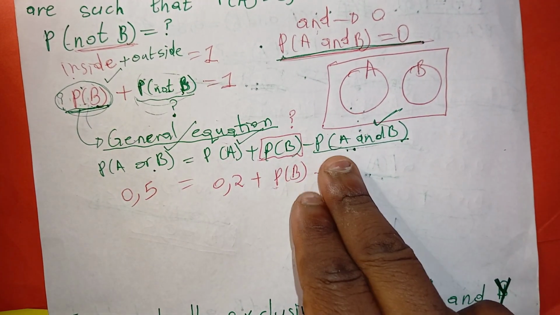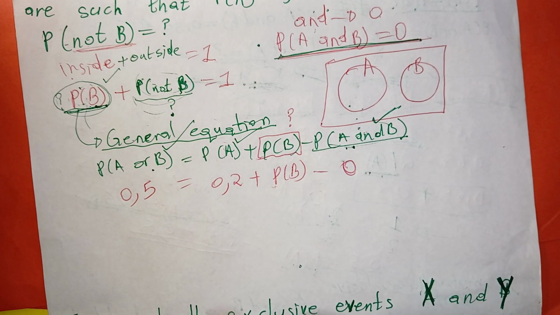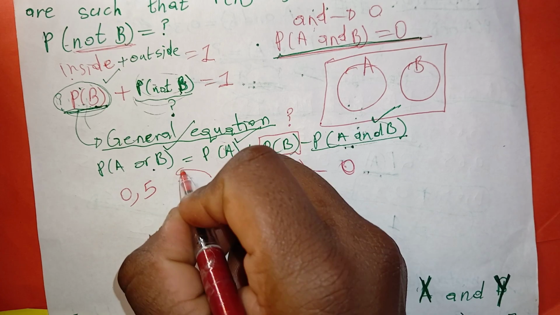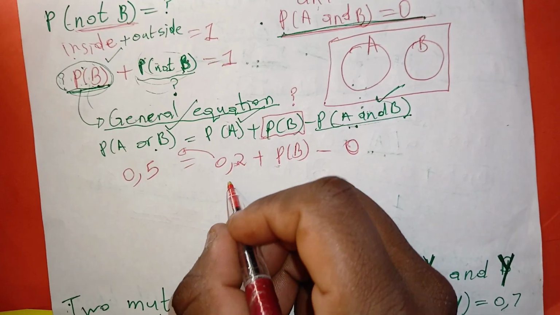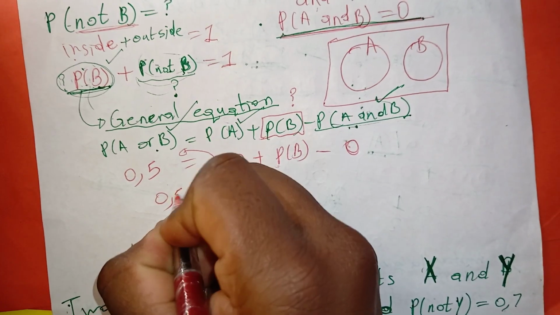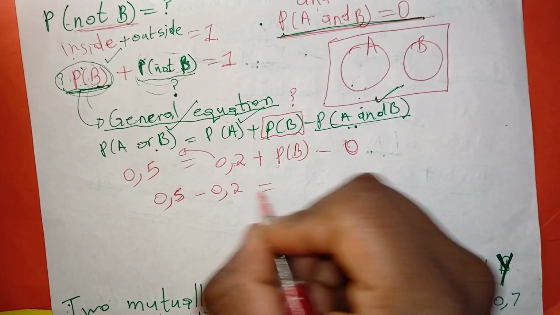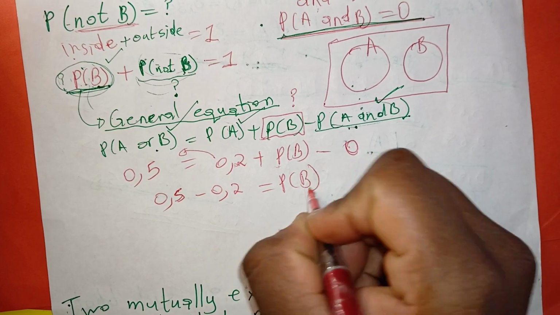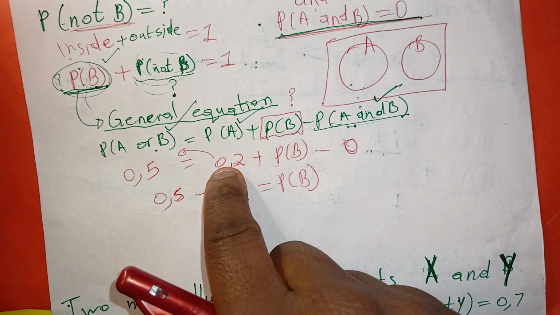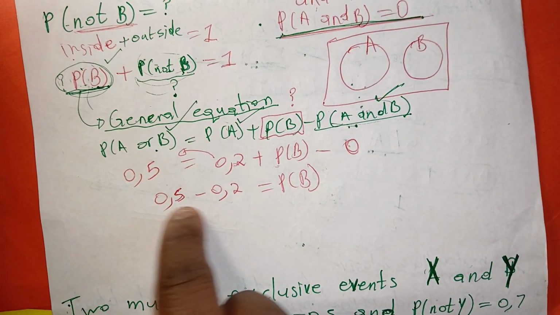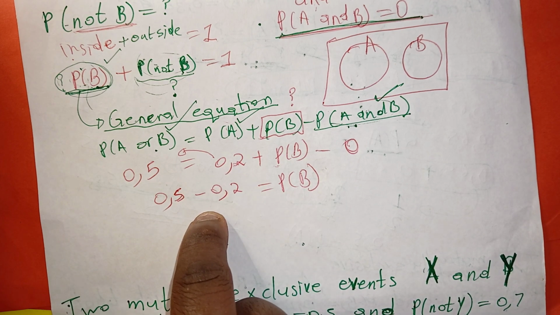So that 0 will just disappear, guys, because 0 is nothing. The 0 will just move away, and the 0.2 will go to the other side. So like, guys, that 0 will just disappear, and that 0.2 will go to the other side, then it becomes negative, because it was positive, then it becomes negative.